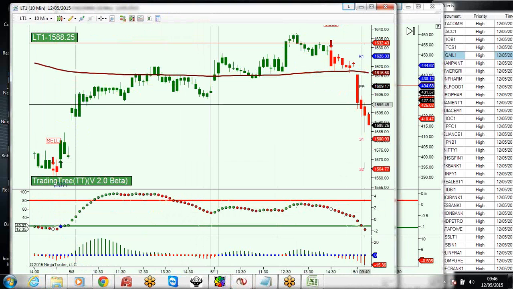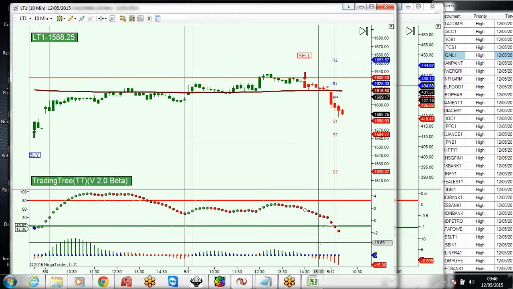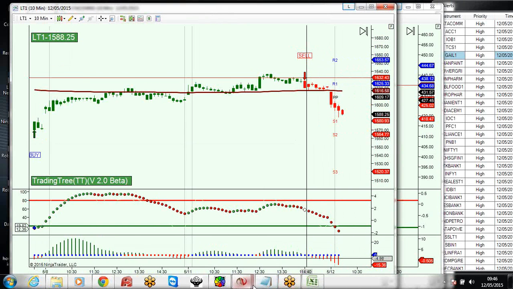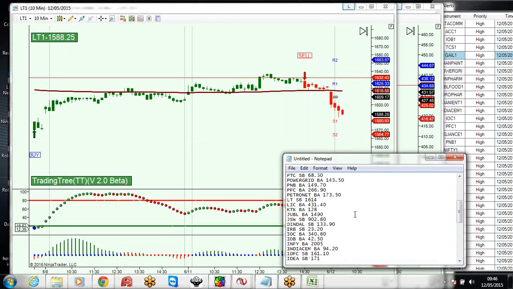So L&T I had shorted, I'll tell you the price. I think it was 1614. So 1614 was my sell. Now it is 1588.